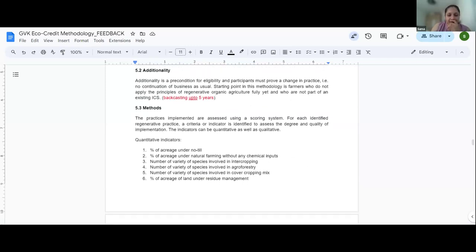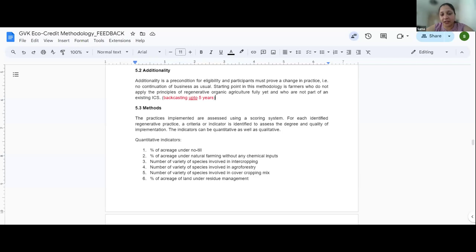So for now we have defined additionality as basically that the participants must be proving a change in practice from the business as usual scenario, which is basically using GMO seeds to produce cotton to begin with, and maybe using a lot of synthetic chemical inputs, which is fertilizers, pesticides, and herbicides.